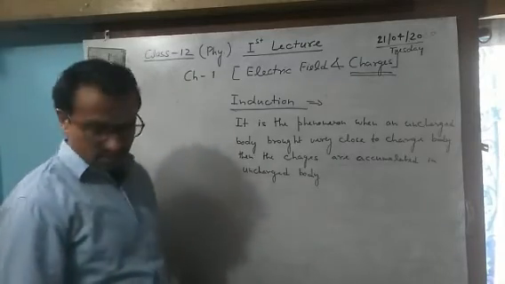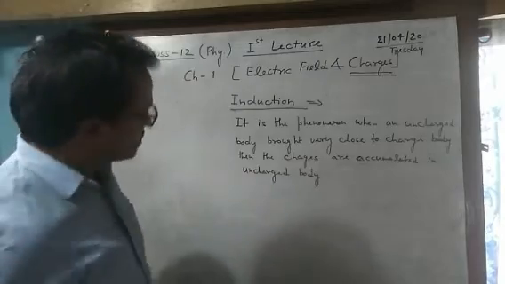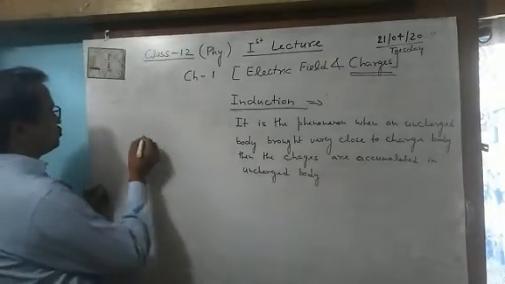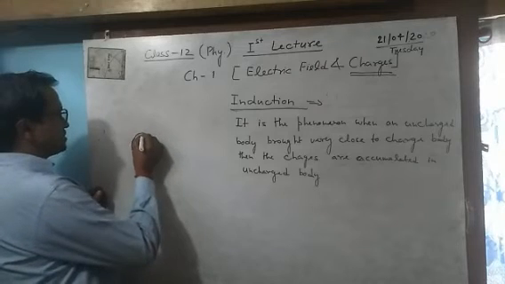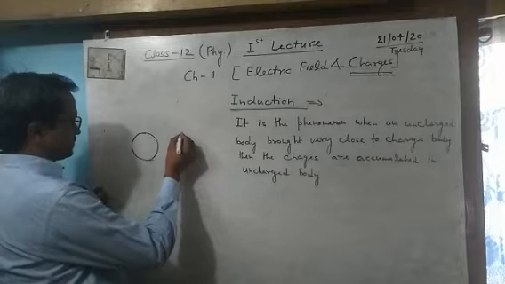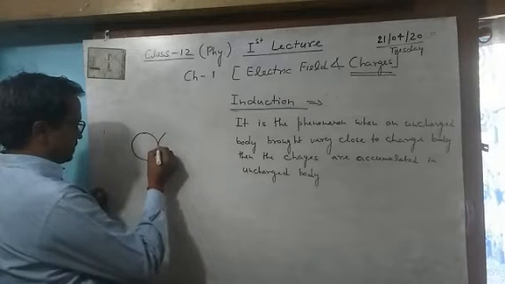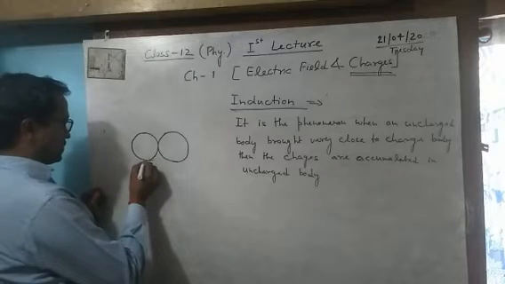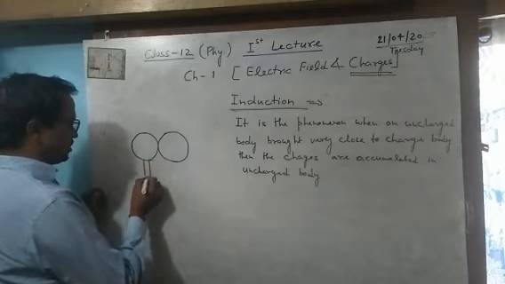इसको एक एग्जांपल से समझते हैं. Suppose two metallic spheres A and B. This is insulating stand.